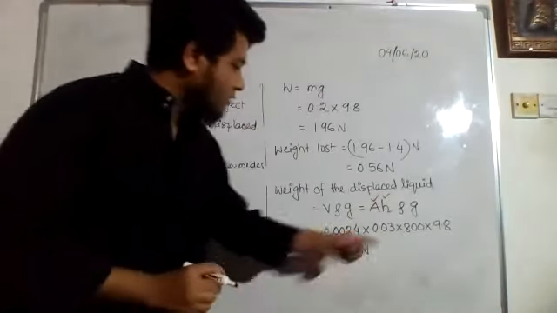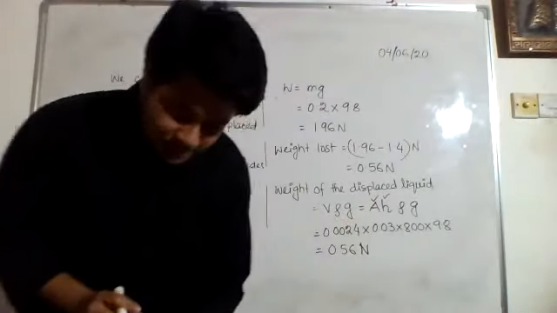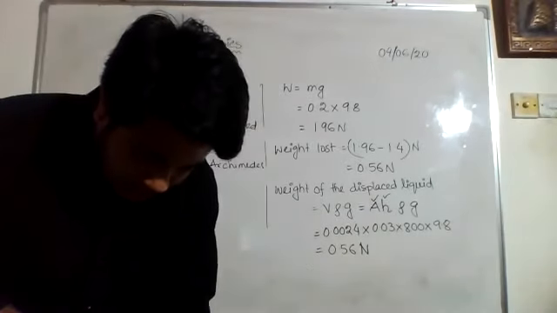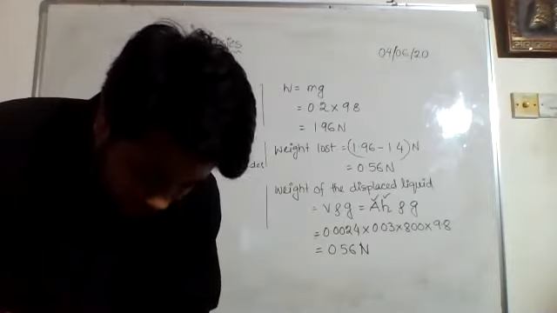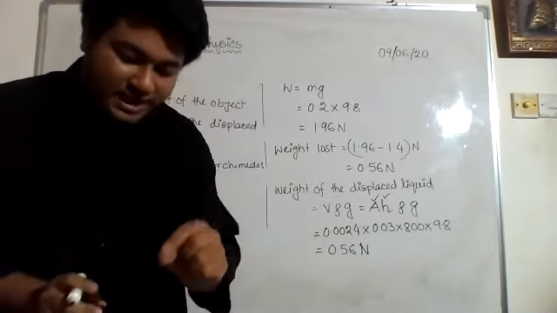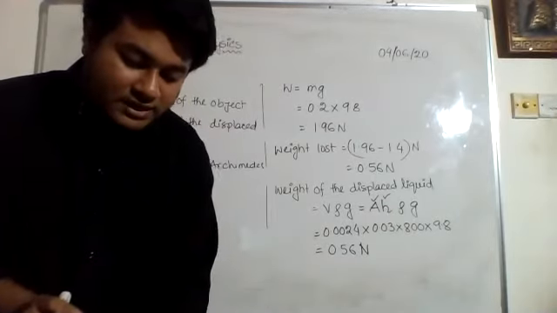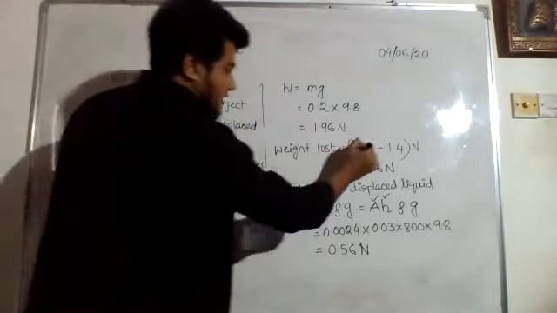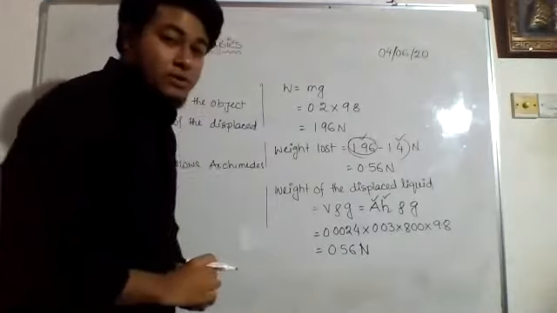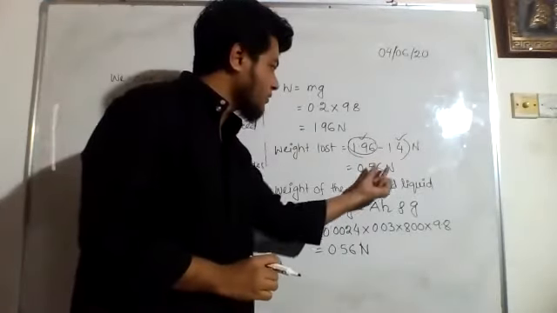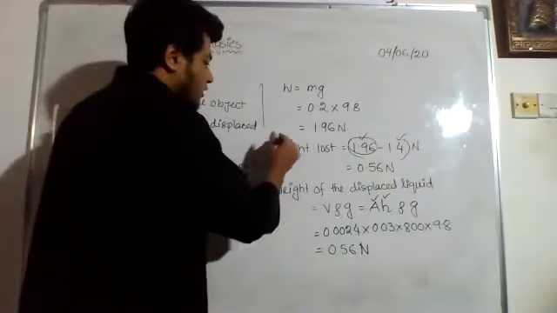Area and height are given. We should look for density. Is the density given? And the weight of the object in air is 9.8 and in water is 7.8. These two pieces of information are given: outside the water, what is the weight, and in the water, what is the weight. So from here you can easily calculate the weight lost.